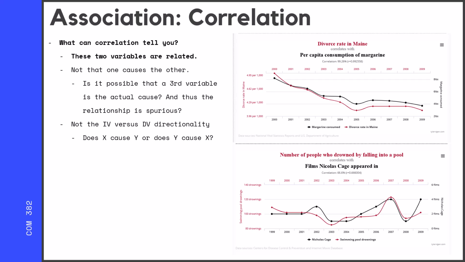Here's the number of people that drowned by falling into a pool, correlated with films Nicolas Cage appeared in. I mean, this is ridiculous, but it's correlated 0.66 repeating. So this website is pretty funny. You can go to it if you search for spurious correlations, or this guy's name, Tyler Vigen. You can check it out.